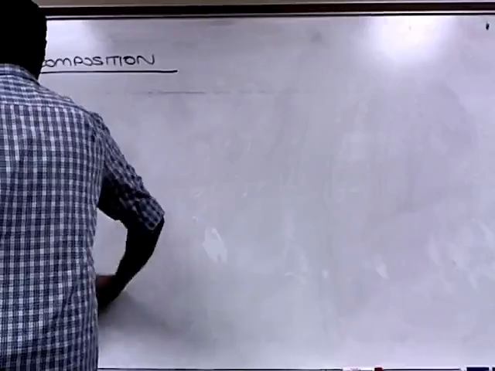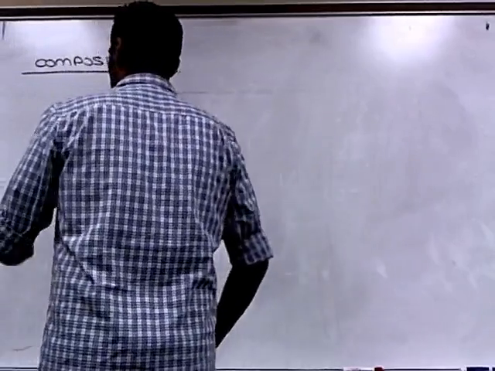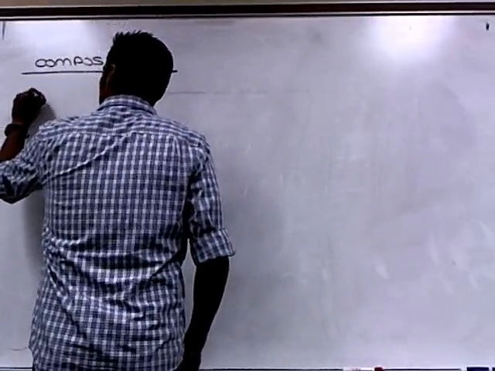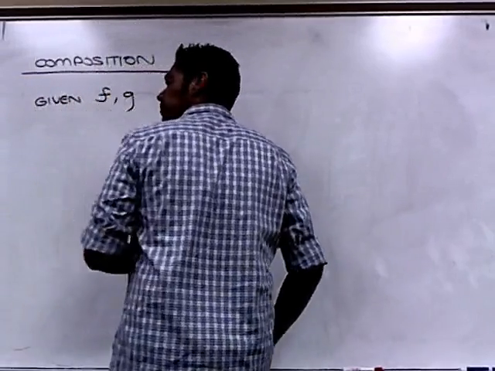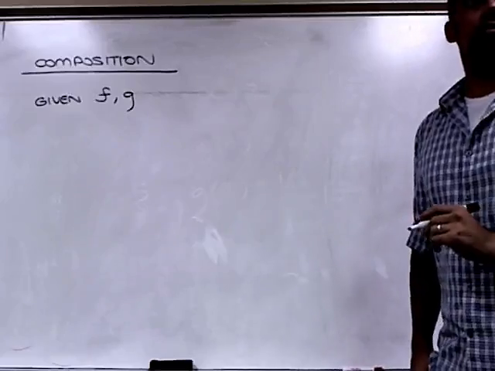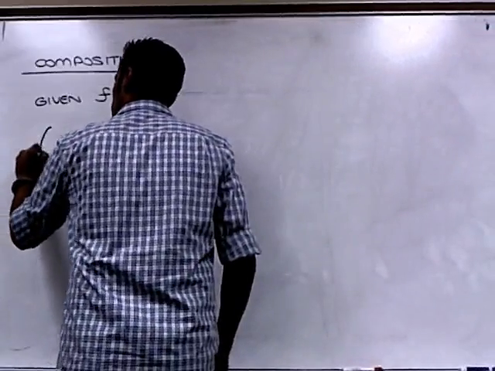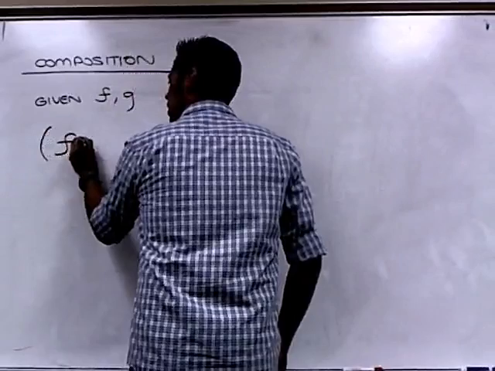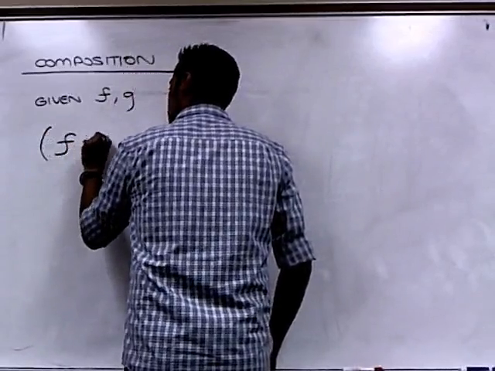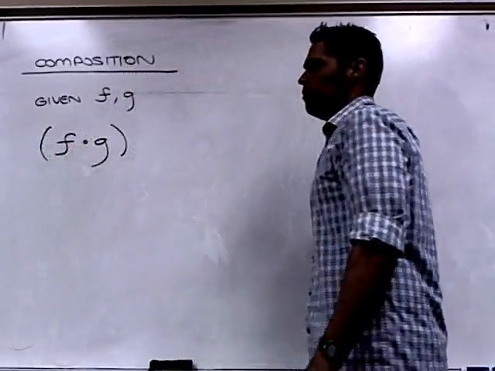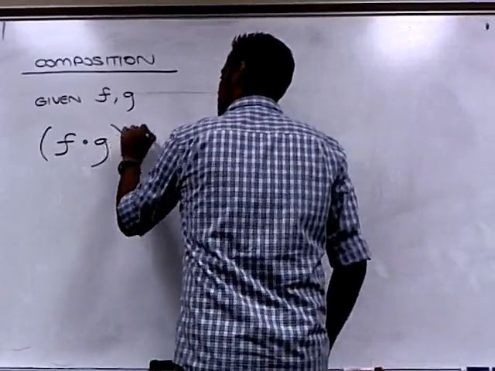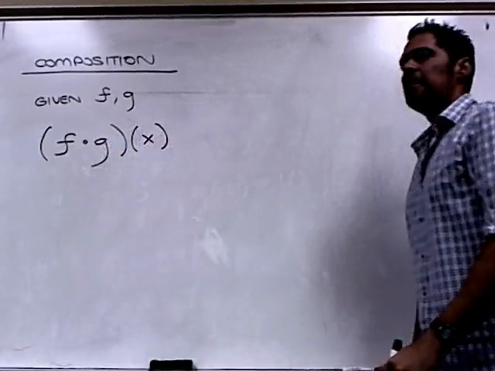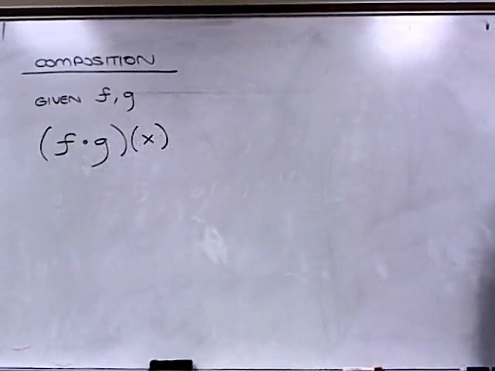And here's the way it works. Given two functions, f and g, if I write this down, f with a little o between f and g, that tells you that you need to do composition.